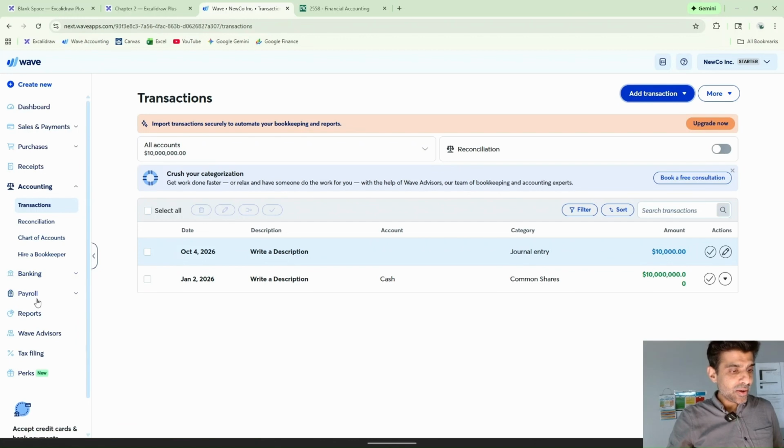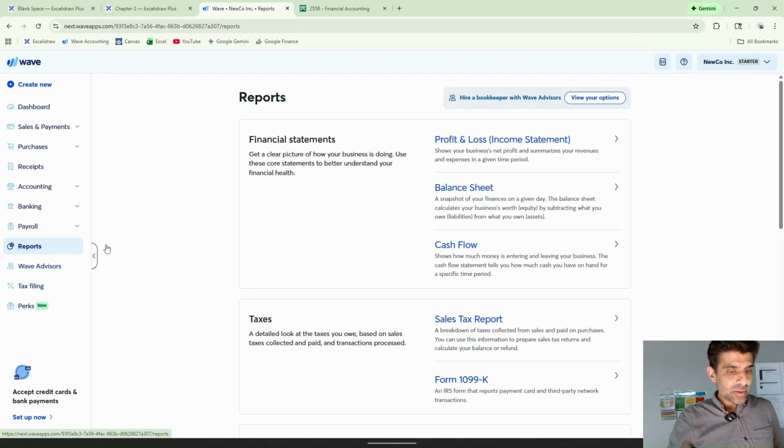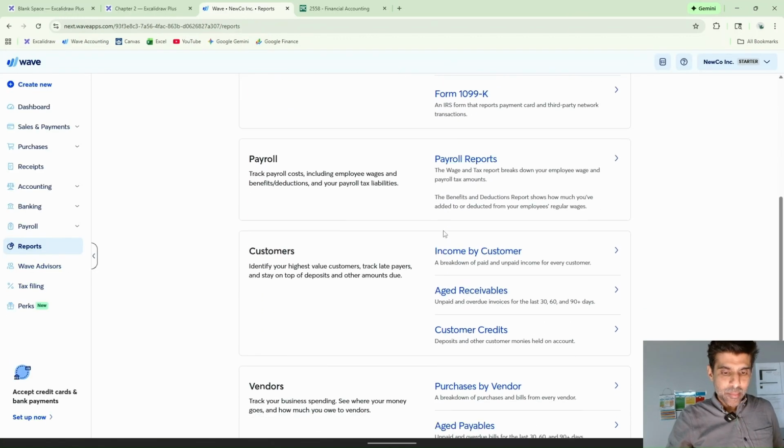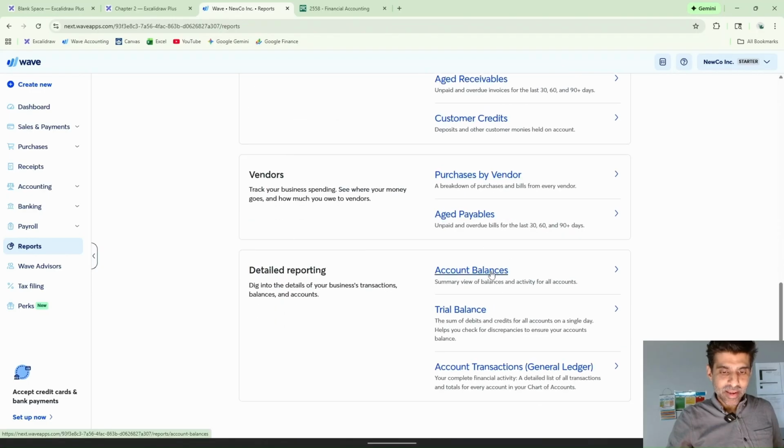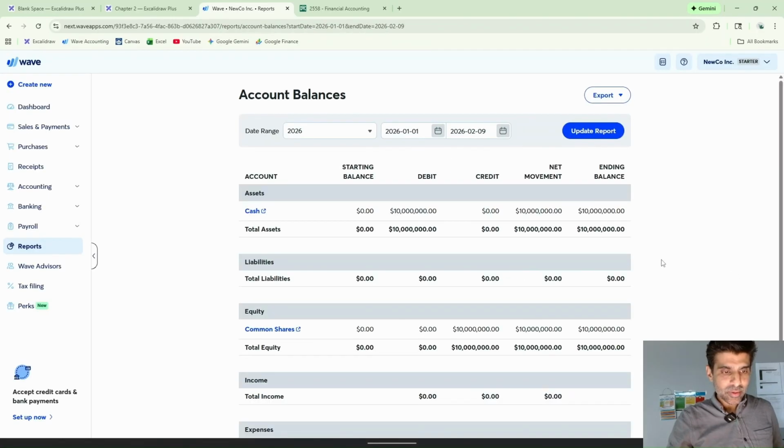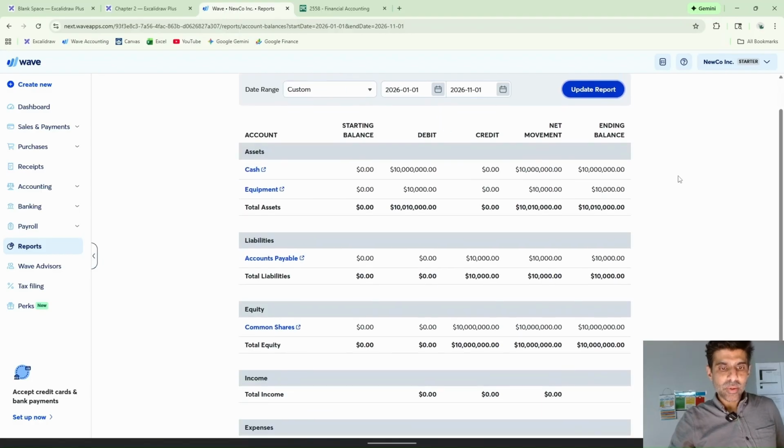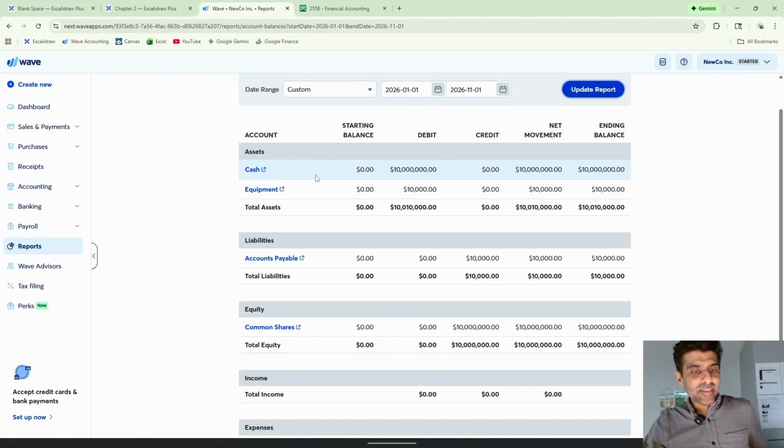So if I go to look at my balances for my accounts, account balances, you can see that I now have two assets. Cash, that's from that first issuance of stock. I have $10 million in cash.